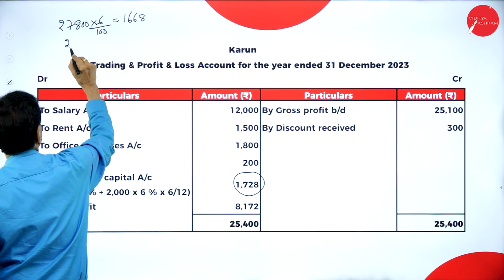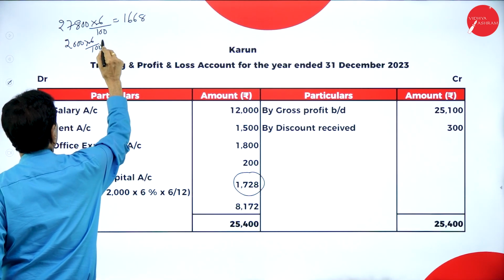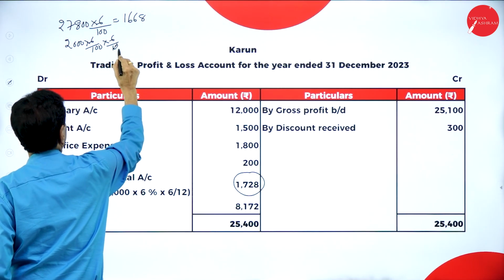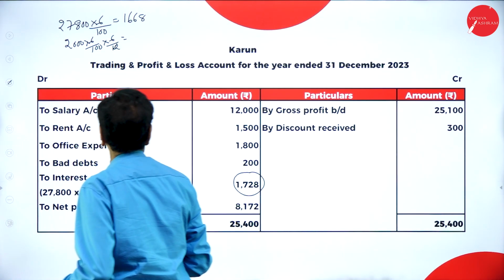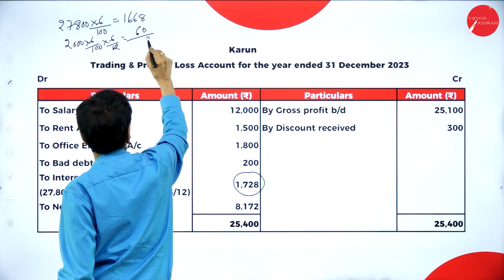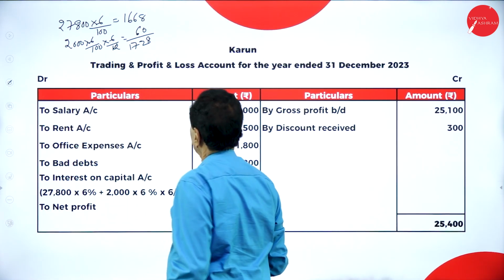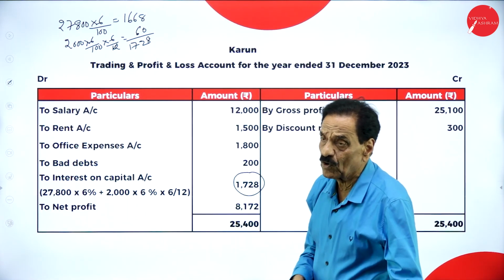Then 2,000 into 6 by 100 into 6 by 12. This is 60. Add, 1,728. It will work out like this.